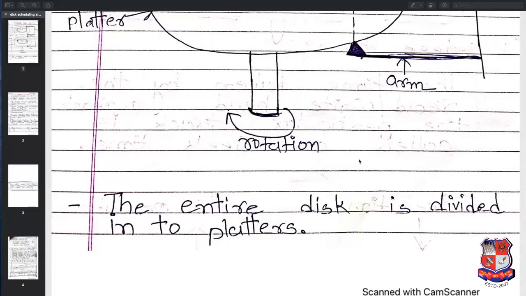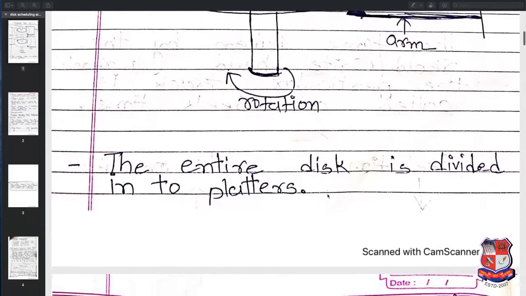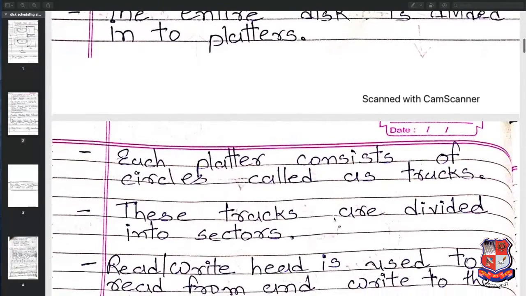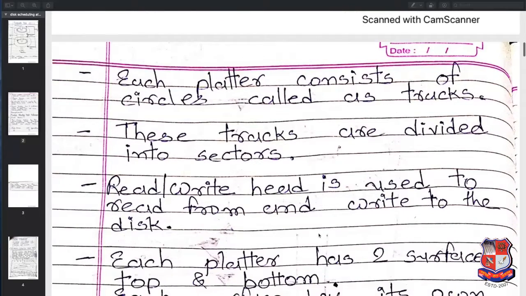So, as per the diagram, my first point is the entire disk is divided into different platters. The second one is each platter consists of circles. It is called a track. Each and every track is divided into a number of partitions, and each partition is called a sector.